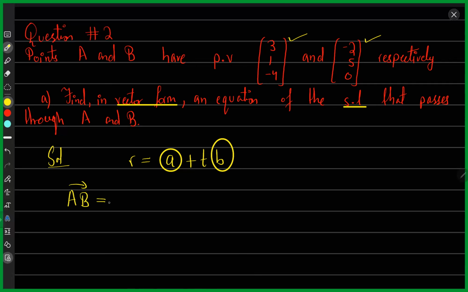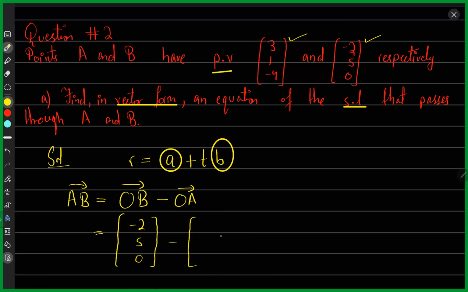Vector AB is going to be OB minus OA, and since the position vectors for A and B are given, I can write it as (-2, 5, 0) for OB, and for OA it is going to be (3, 1, -4). And now when I subtract, I would get (-5, 4, 4).